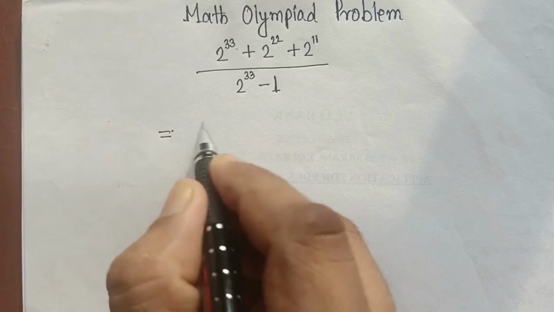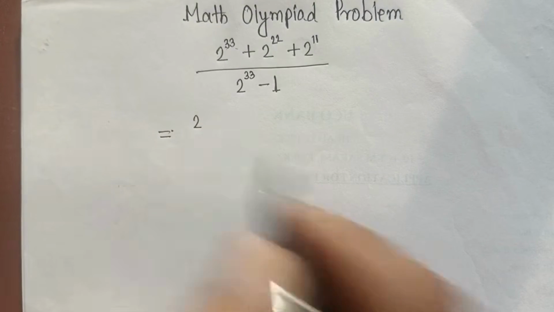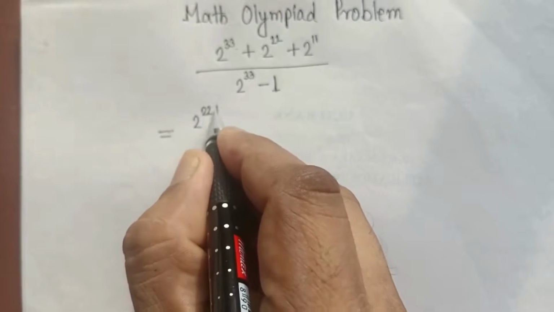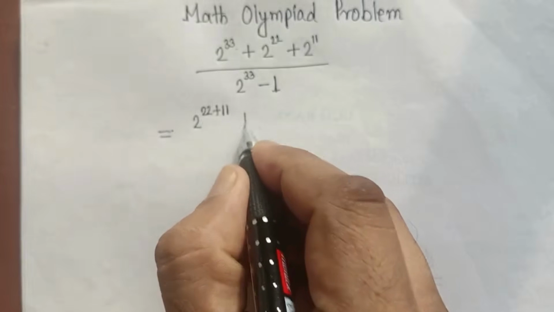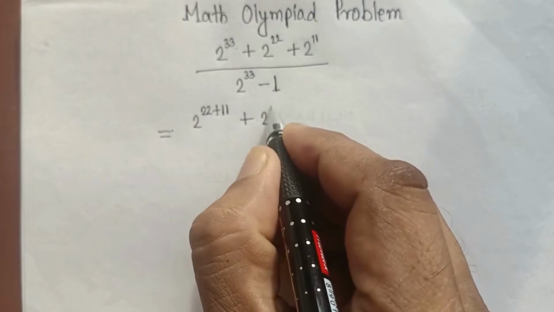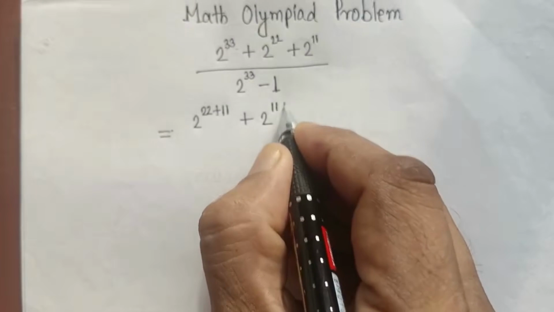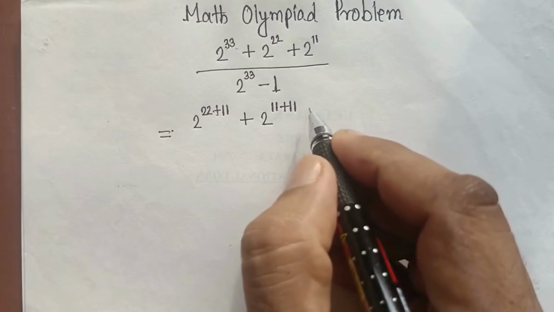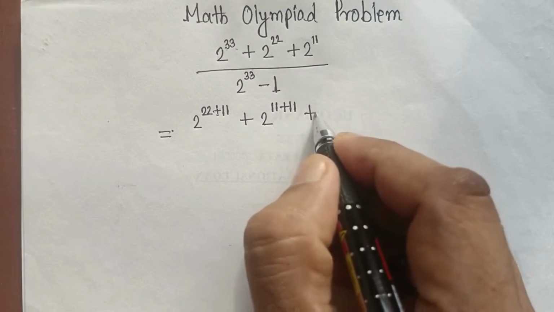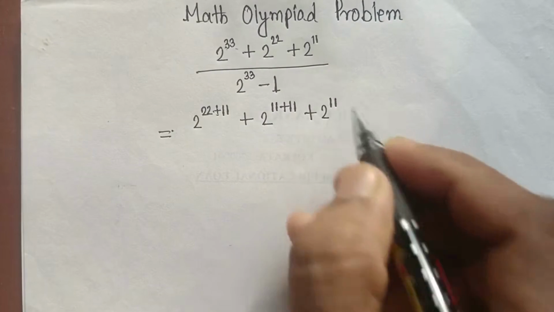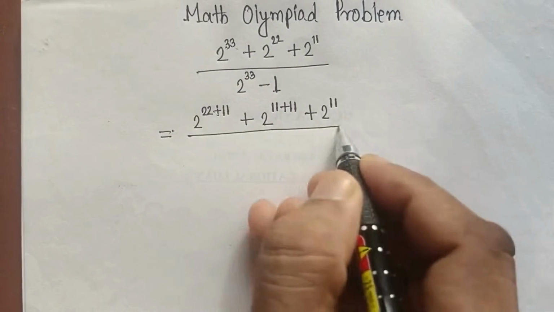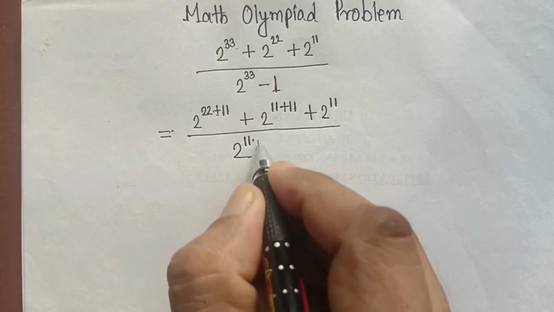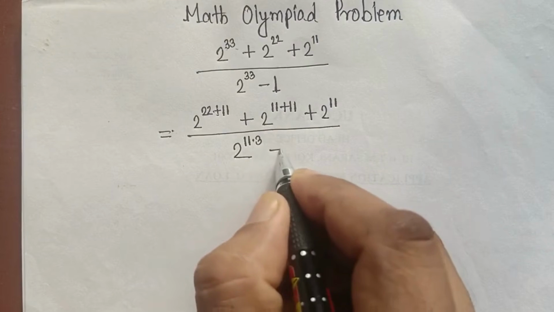2 to the power 33, that means 2 to the power 22 plus 11, and 2 to the power 22 is equal to 2 to the power 11 plus 11, and 2 to the power 11 as 11, and here 2 to the power 11 into 3 minus 1.